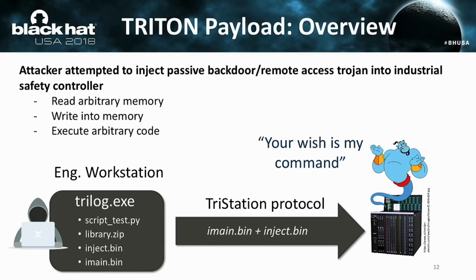Some people refer to this implant as a remote access Trojan. In a nutshell, it's a program which sits in the controller memory, and it allows the attacker to read arbitrary memory and to write into the memory, for example your shellcode, and then execute it. So basically the controller is becoming your slave. Your wish is my command. Whatever you tell me, I'll do it for you.